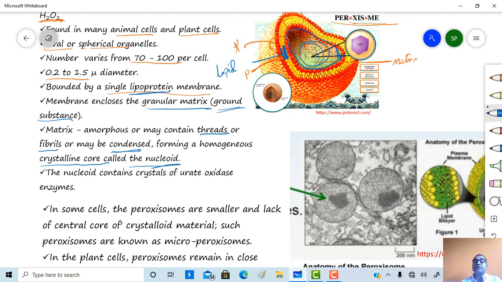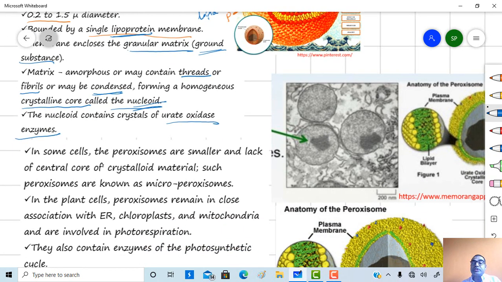This is the region where the nucleoid will be present. The nucleoid contains the crystals of urate oxidase enzyme. In this figure, this is the membrane, inside the membrane is the region of matrix, and within the matrix the nucleoid is present, and this nucleoid contains the crystal of urate oxidase.